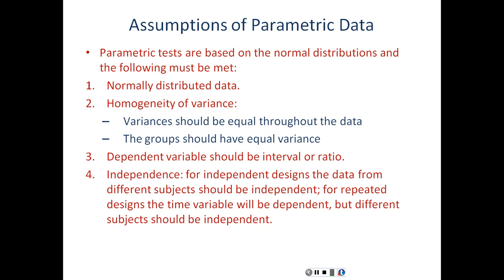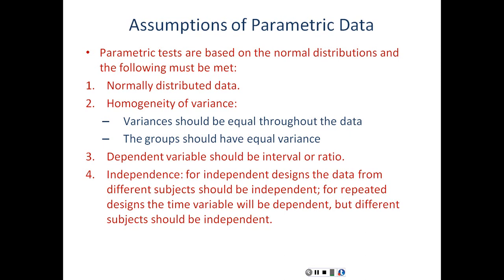Also, we want to look at the homogeneity of variance. Basically, we want to see if the variance is the same. This falls under the category of when you have more than one group in your data set. For instance, if you're looking at males and females and you want to compare the responses of males and females, then you're going to be comparing two groups.